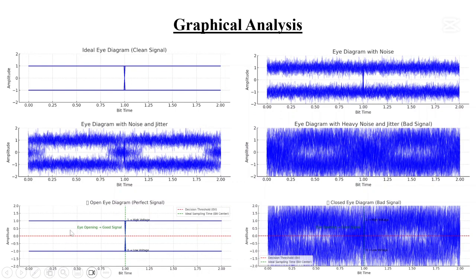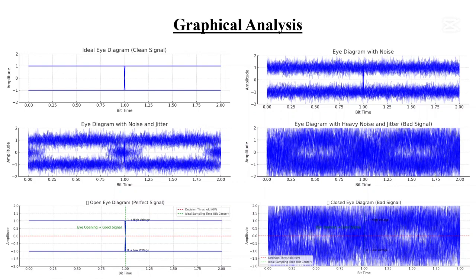A good signal will look like this, and we can identify where we have 0, where we have 1, and the crossovers. But if we have a bad signal like this, we cannot identify where is 0, where is 1, and where the crossover is. We can find the vertical height, width, etc. in a perfect signal, but here we cannot. Alright, so this was the concept of the eye diagram.